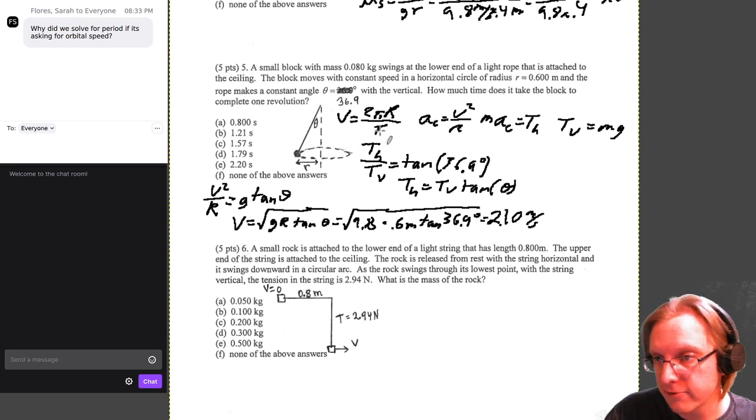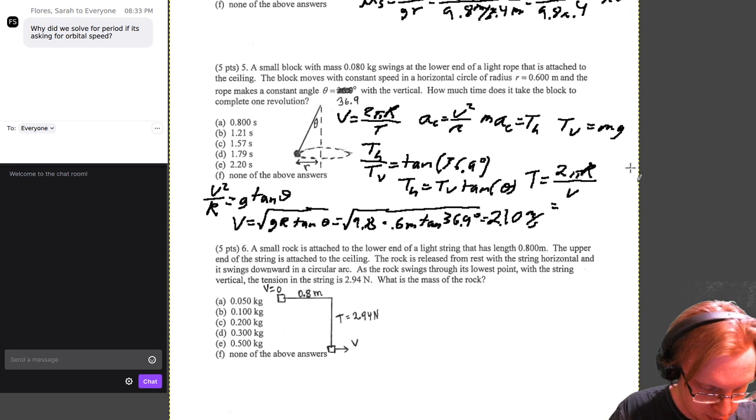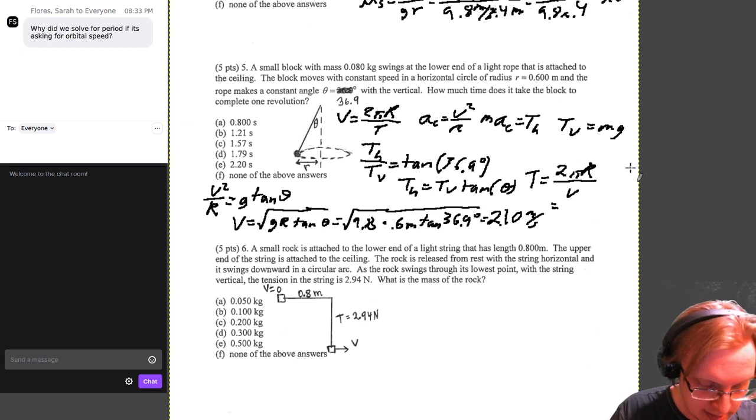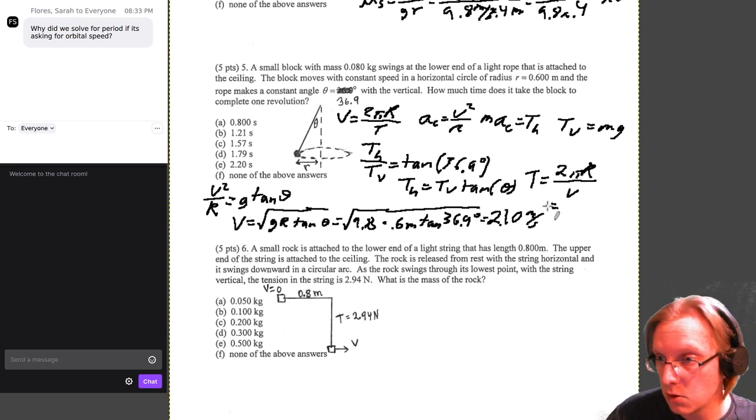So now I can find my period being 2 pi r on v, and that is equal to 2 pi radius of 0.6 divided by the answer, 1.79 seconds.